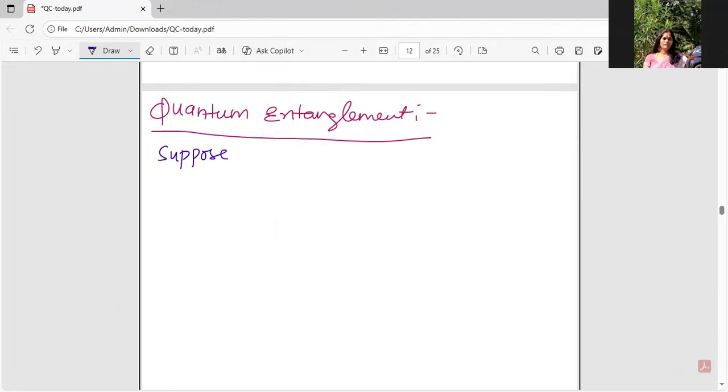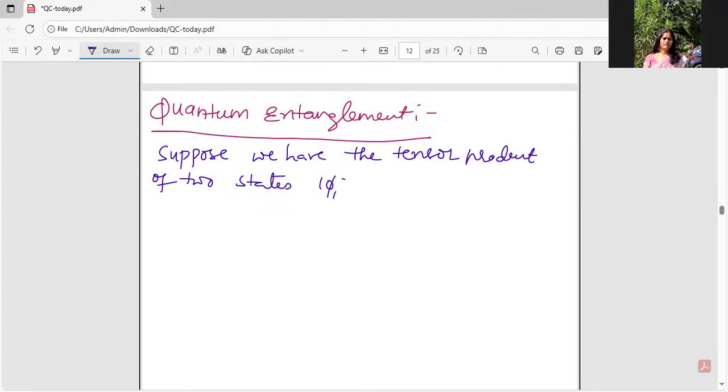What is quantum entanglement? Suppose we have the tensor product of two states, ket phi 1 and ket phi 2. Now I'll denote that by ket xi, guys.